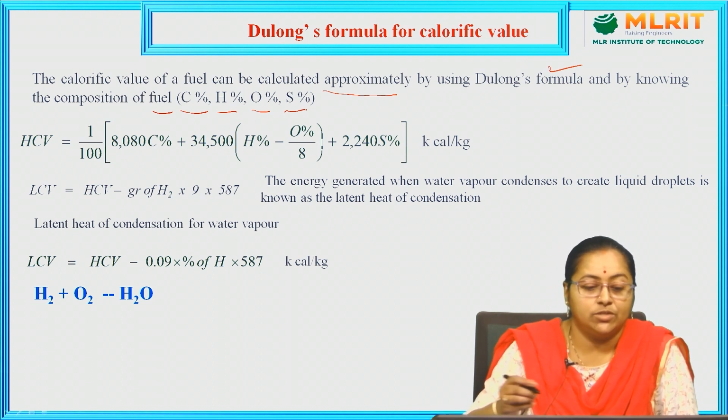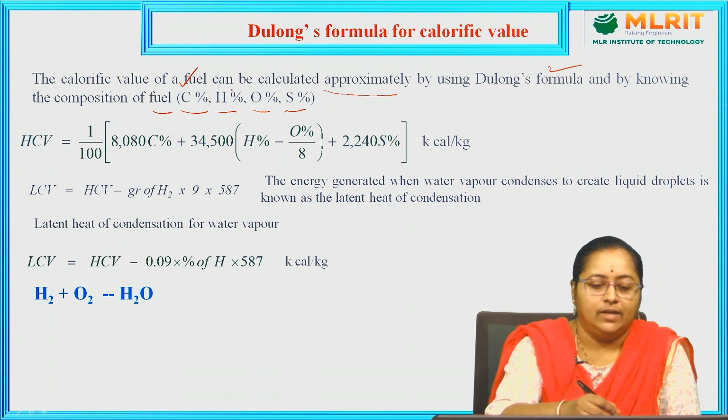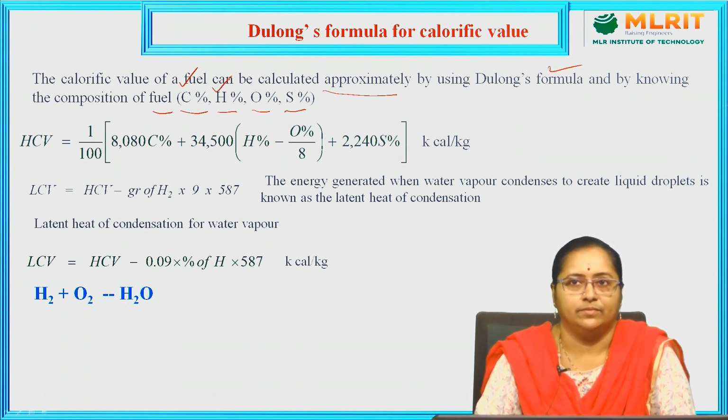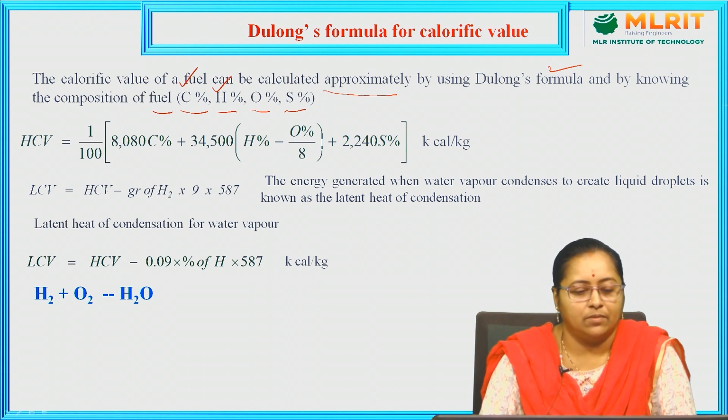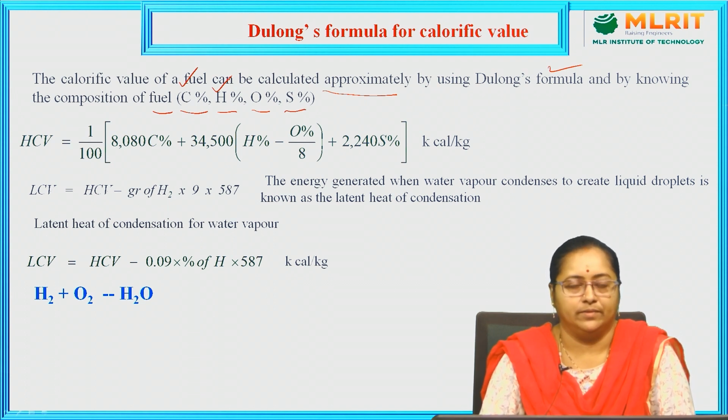That means it should have a high content of carbon, the second major component as hydrogen, and remaining trace elements like oxygen and sulfur. Nitrogen may be a trace element, but it is considered a non-combustible matter, so nowhere is it responsible for the combustion reaction. So, what are the major components? Carbon should be high in percentage, and the second major component is hydrogen. Trace elements will include oxygen and sulfur.